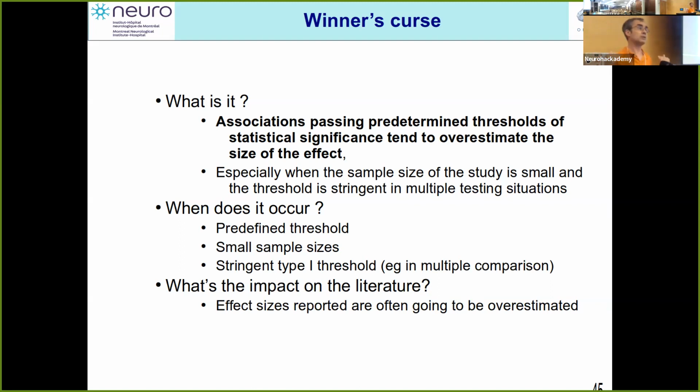And also when there's a very stringent threshold, which is interesting because we often do multiple comparisons in neuroimaging, or in genetics, where we heard yesterday it was a 10 to the minus 8 kind of p-value. That means that anything that doesn't pass that threshold will not be reported, and so the effects that we are seeing are really overestimated. The more stringent the threshold, the higher the overestimation.